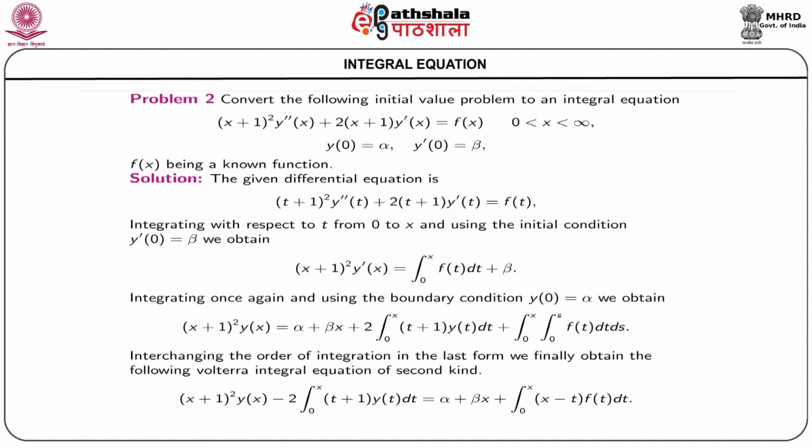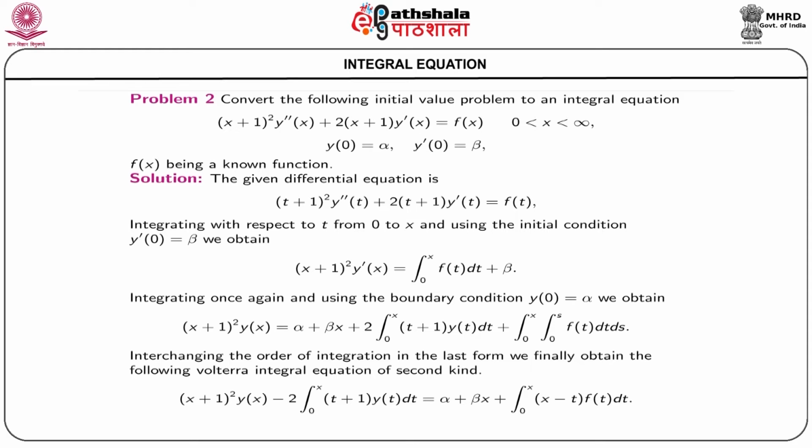Y at 0 equal to alpha and y dash at x equal to 0 is beta. Here f x is a known function and alpha and beta are known constants. We shall try to reduce this initial value problem to an integral equation.